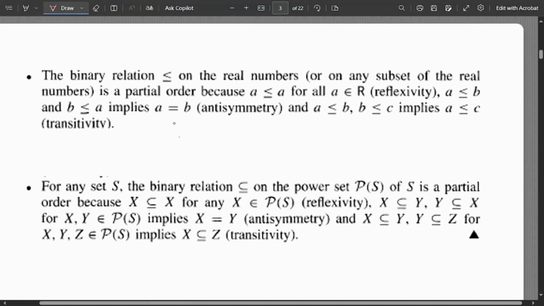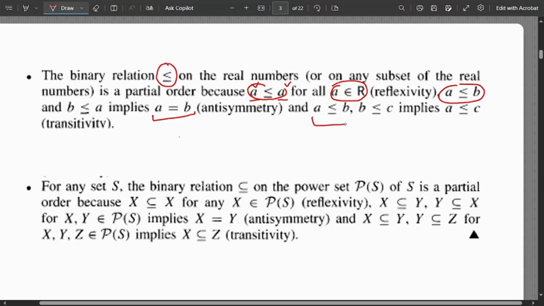Suppose the binary relation less than or equal to on the set of real numbers. It is clear that every real number is less than or equal to itself, so A equals A implies A related to A. Similarly, if A is less than or equal to B and B is less than or equal to A, that implies A equals B. That is obvious.